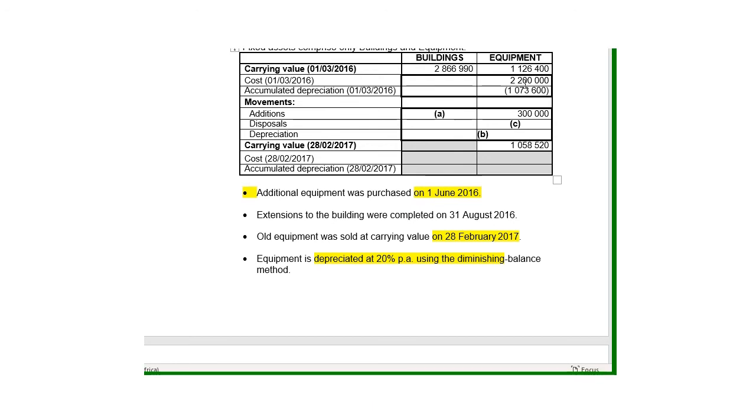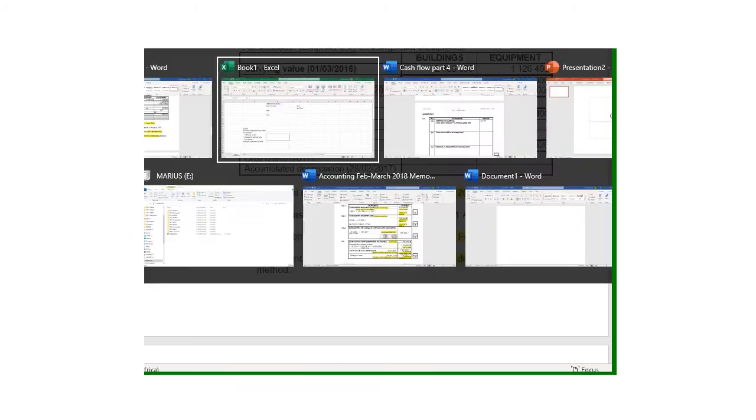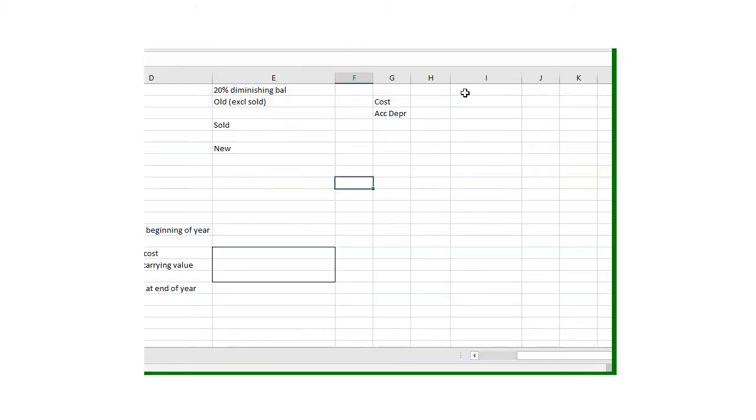So if I look at the diminishing balance, it is cost minus accumulated, and it's already given there. I've got the cost minus accumulated, and that gives me 1,126,400. So I must simply take 1,126,400 and multiply that by the percentage, which is 20%. But let's just write them down over here again.